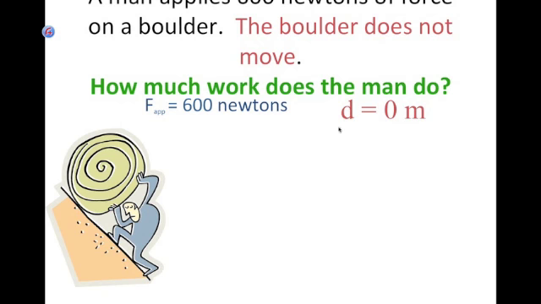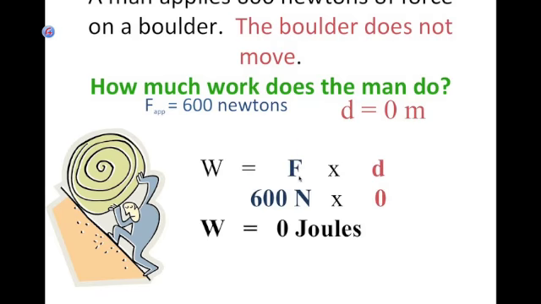We can take that information and put it into the work equation, and we find out that the force of 600 newtons times a distance of 0 means that we do 0 joules of work on that boulder since it doesn't move. And that was part of the idea that I wanted you to pull out of the video, that if a force is applied to an object but the object does not move, then no work is done on that object.